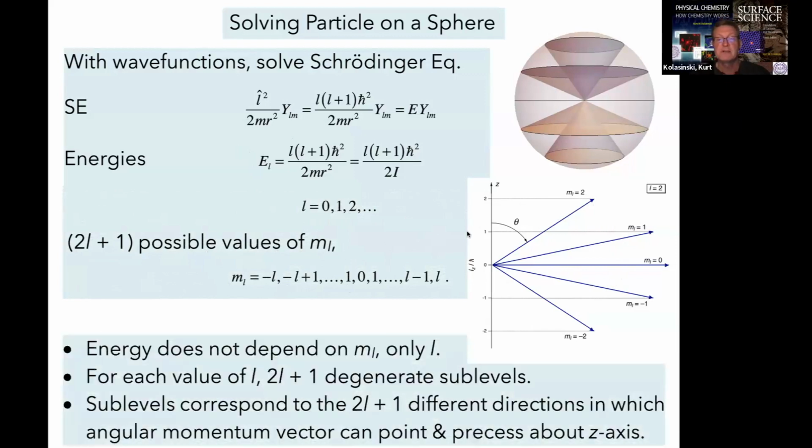So the energy doesn't depend on m sub L, it only depends on L. For each value of L, there are 2L plus 1 levels at the same energy. In other words, we call those degenerate sublevels: 2L plus 1 degenerate sublevels. The sublevels are all at the same value of energy, and they correspond to the 2L plus 1 different ways that the vector can point in space.